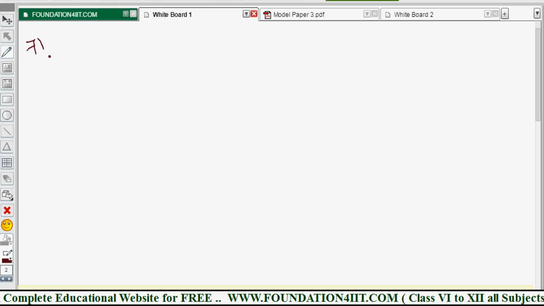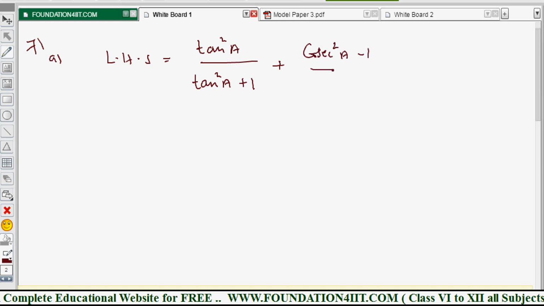Okay, in this if you take the left hand side, we should know trigonometric formulas and properties. You can do it easily. So LHS is tan square A by tan square A plus 1, plus cosec square A minus 1 by 1 plus cot square A. Okay, this is LHS.